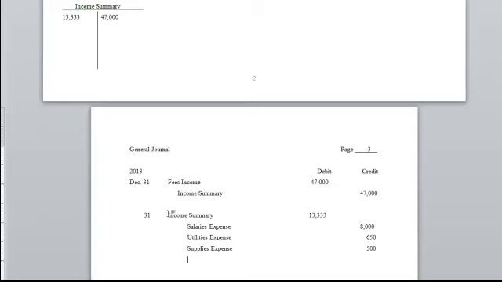I'm going to credit rent expense for $4,000. And I'm going to credit depreciation expense on the equipment for $183. So that's what my second closing entry looks like.